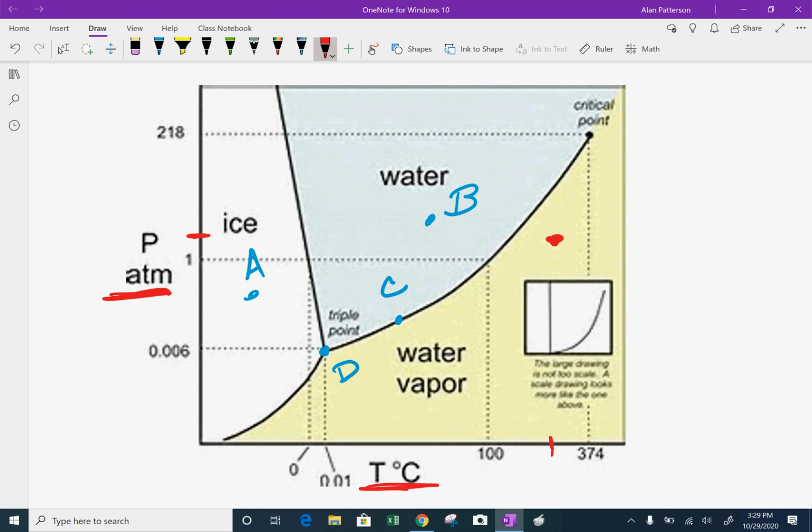But what happens if we change the conditions? Okay, let's change the condition of pressure. All right, so instead of looking at this pressure here, let's really ramp it up and see what happens. If I stay at this same temperature, let's say it was 300, and if I go straight up, I can actually come across this boundary right here, this line, to an area, I should say, where I'm no longer in the gas phase.